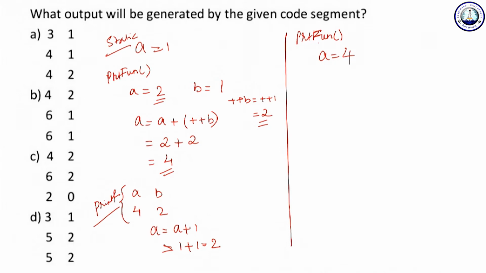So, A is equal to 4 and your B is equal to 1. Then you put in the formula A plus plus B, it will be 4 plus 2. So, 4 plus 2 it is 6.